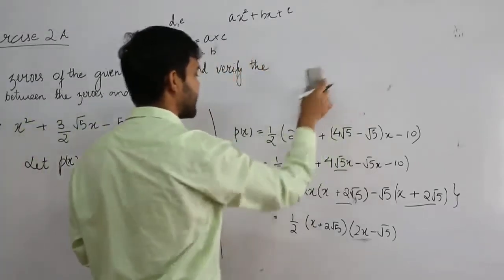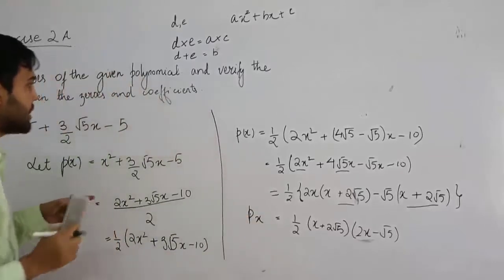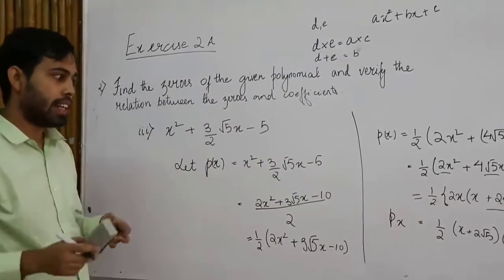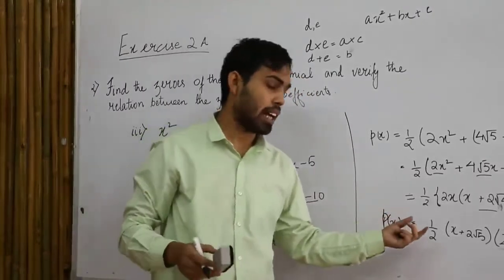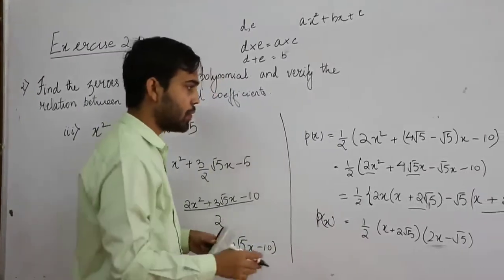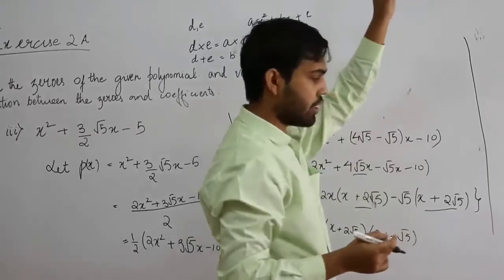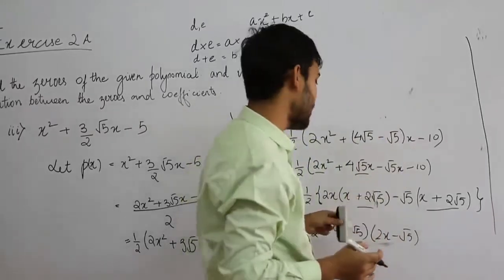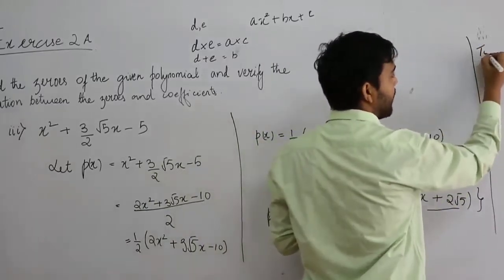The question is asking, so I have my p of x is equal to this. The question is asking me to find the zeros, and I told you what zeros are. Zeros are values of x which will make my polynomial equal to 0. So in order to find the zeros of this polynomial, I put my p of x equal to 0.